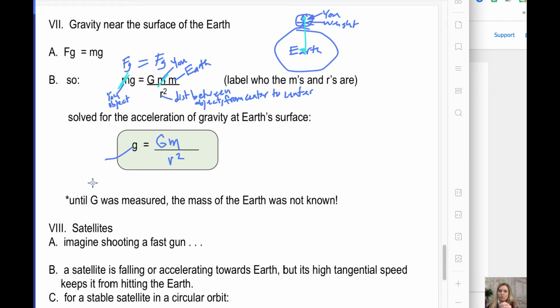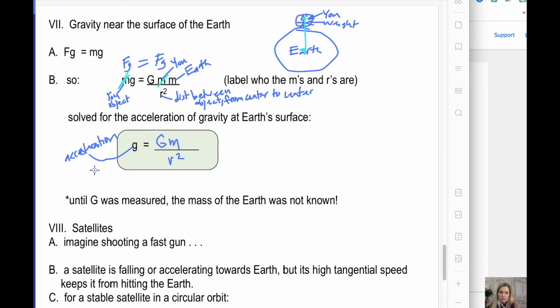We know F equals ma. If I get rid of m, what do I have? I have a. Isn't gravity an acceleration? So please realize, acceleration.